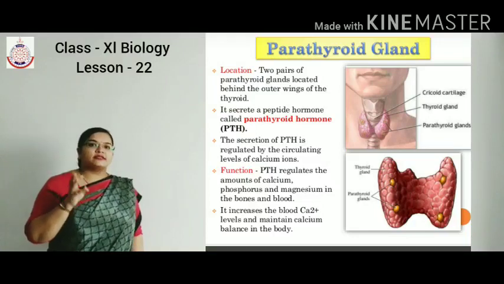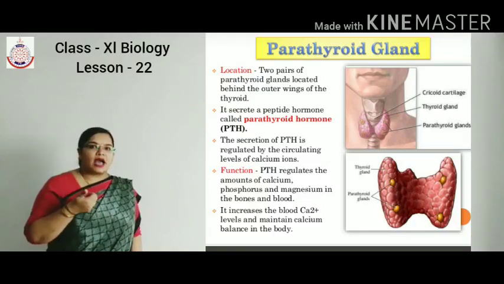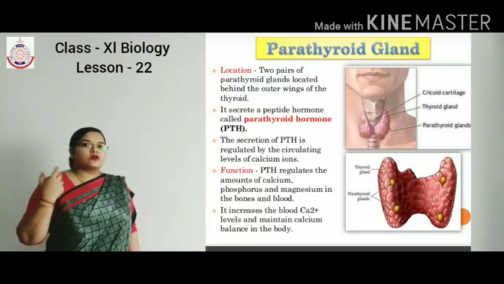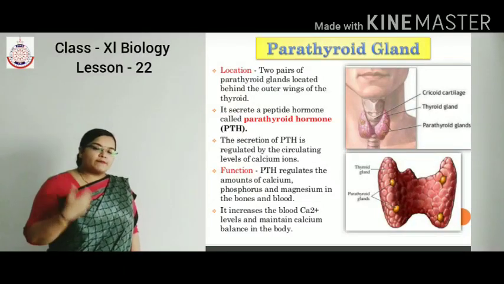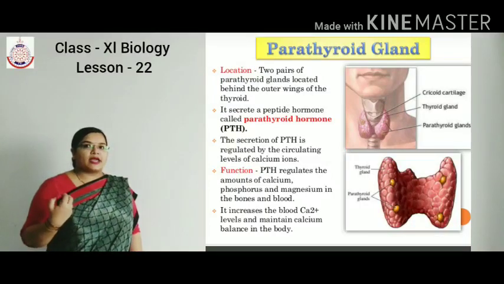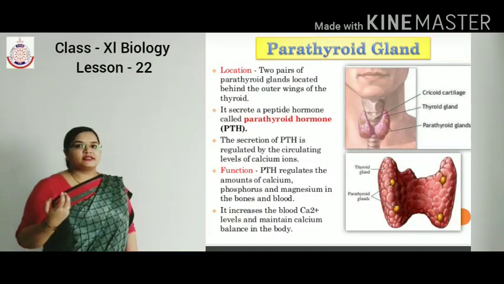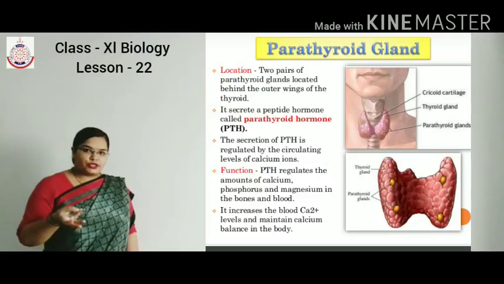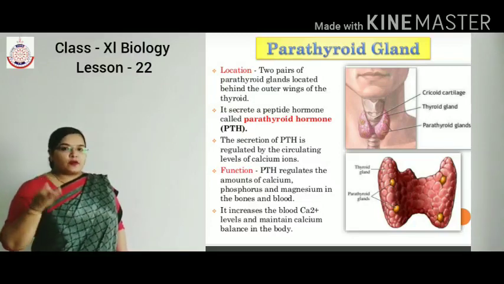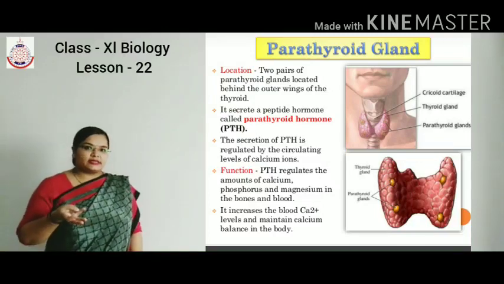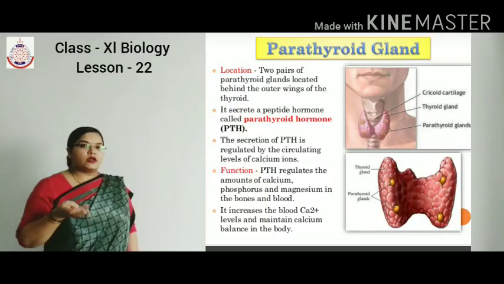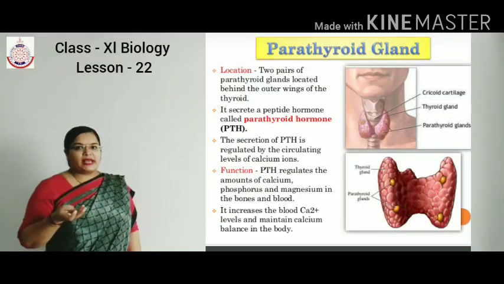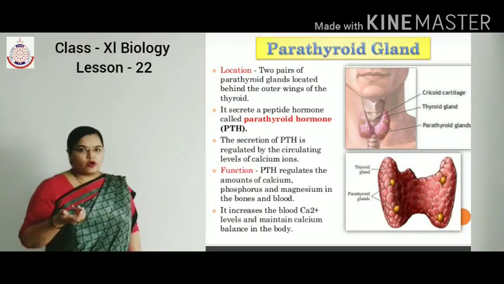So it stimulates reabsorption of calcium ion by the renal tubules, and it is also responsible for absorption of calcium ion from the digested food in the small intestine. So absorption of calcium ion from digested food in the small intestine and reabsorption of calcium ion in the kidney tubule take place in the presence of parathormone.